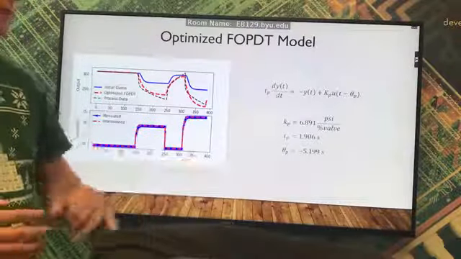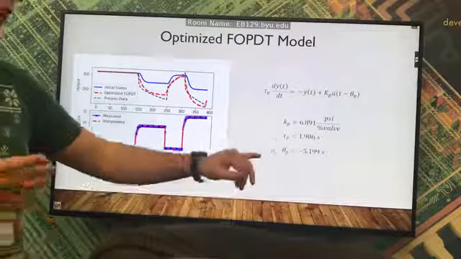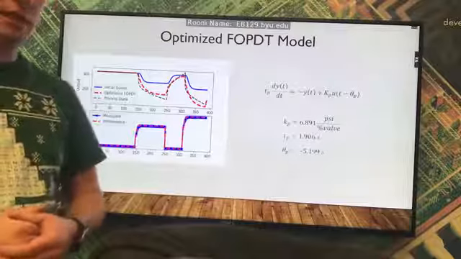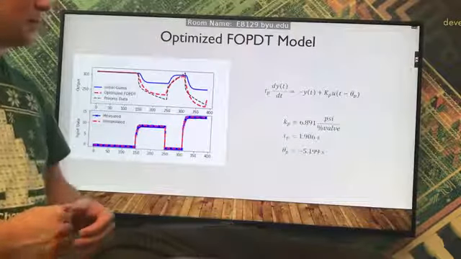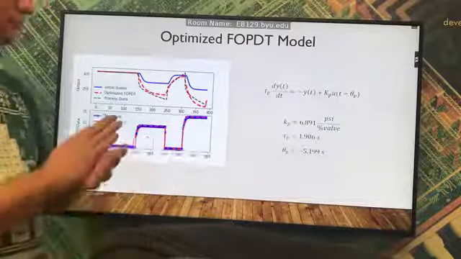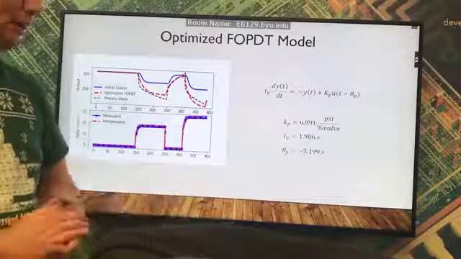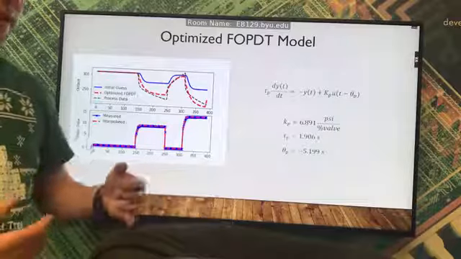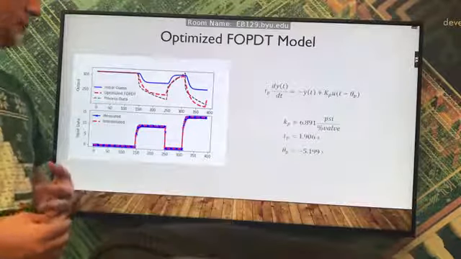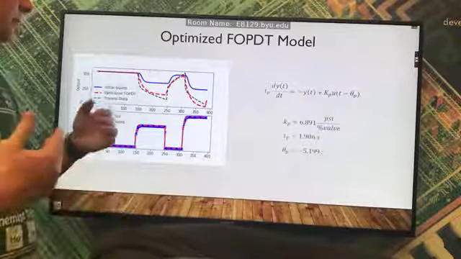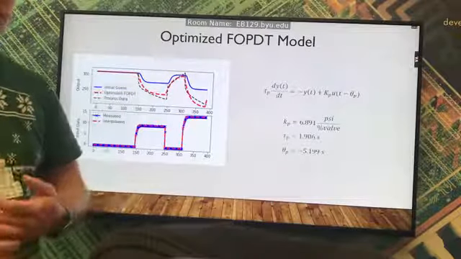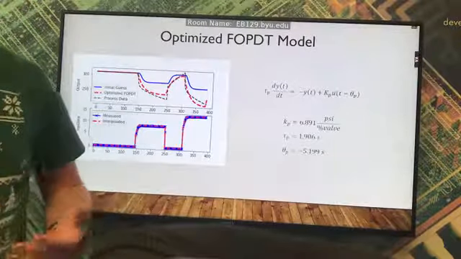We got a positive gain of 6.8, a time constant of 1.9, and a negative time delay. We know that this isn't really possible. We know we need a negative gain for our system, and that we can't have a negative time constant or a time delay. So we are guessing that it's probably an error in our instrumentation, and we'll need to do more with that.